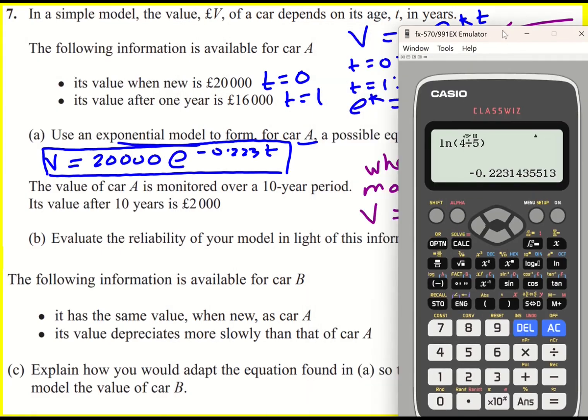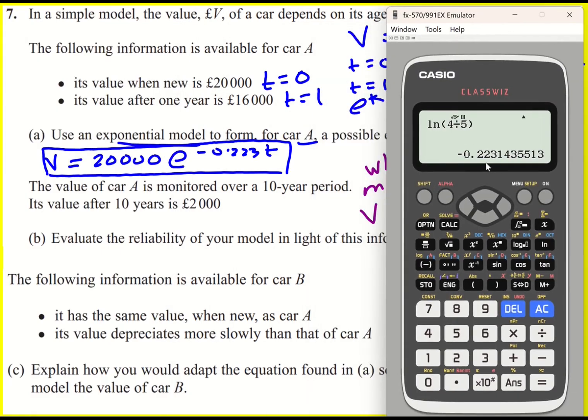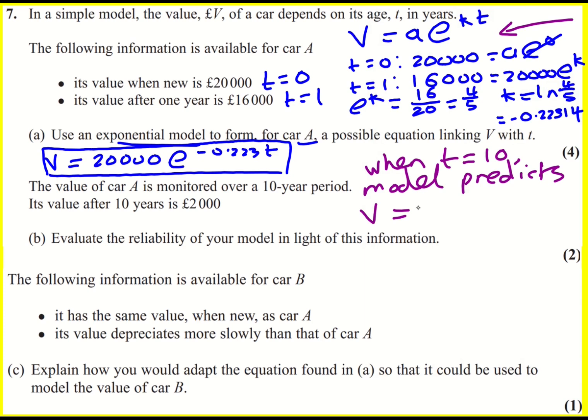I'm going to use this exact answer for k as well. So 20,000 times e to the k times 10, which is 2147.4.